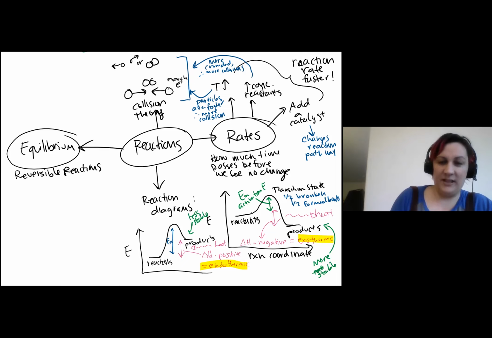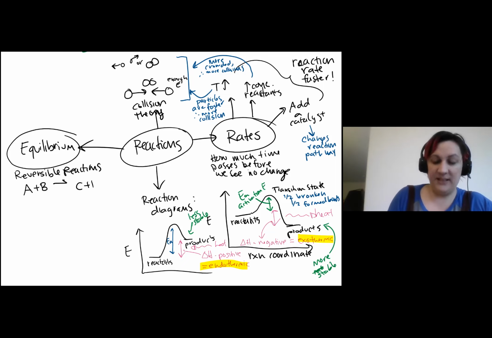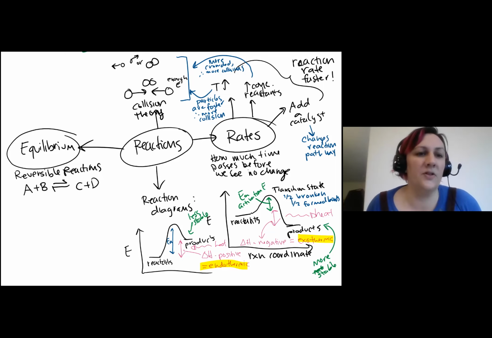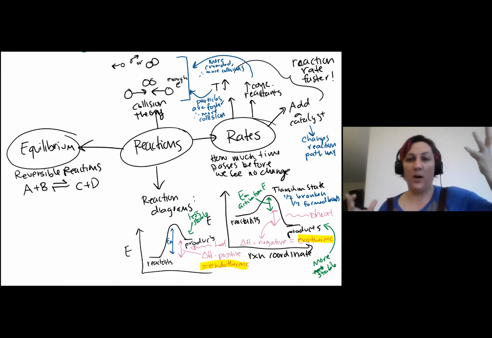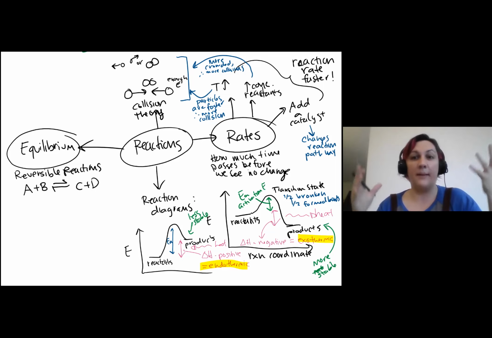And we're going to write these with a double arrow going both directions. So like A plus B can form C plus D, but C plus D can form A plus B. And we have these reversible reactions. And the balance between how many reactants and products exist when the reaction stops changing is when it has reached equilibrium.